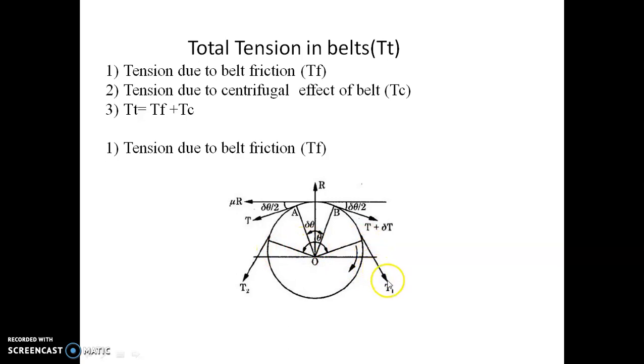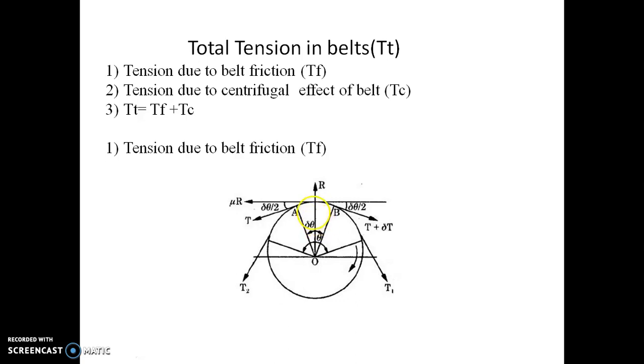T1 is the tension on the tight side, T2 is the tension on slack side. Now consider a small element AB of belt which has an angle delta theta at the center. Mu is the coefficient of friction.